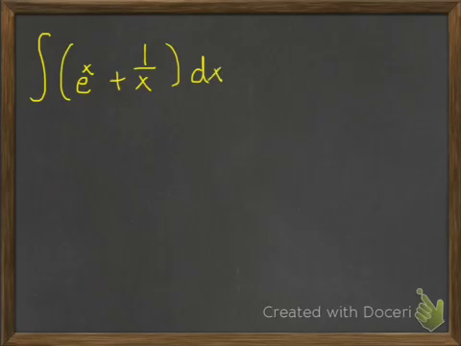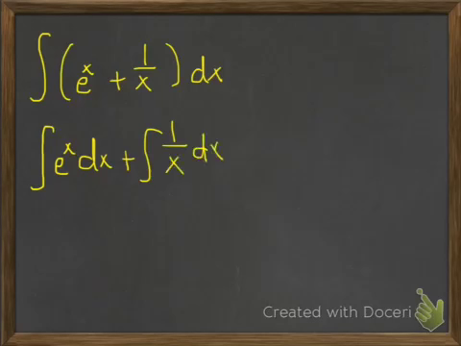Can't forget the dx. So let's go ahead and just take the sum of the antiderivatives so we can break it up. So let's take the antiderivative of e to the x dx plus the antiderivative of 1 over x dx, sorry.